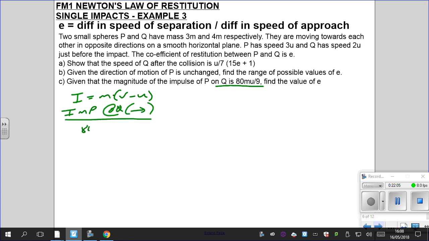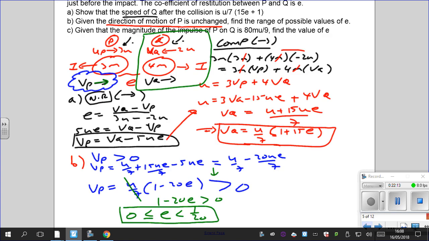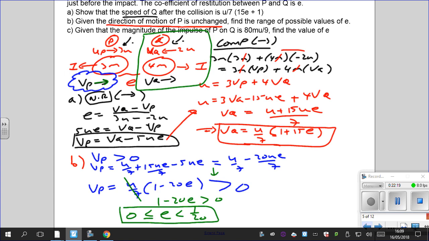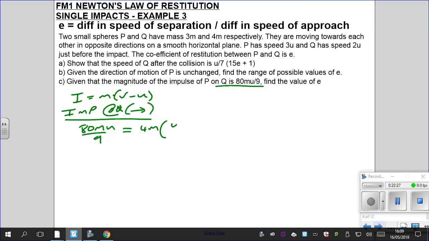So impulse is 8mU over 9. It doesn't matter if I do it at P or Q, that's going to be the same. The mass is 4m, so 4m. V is going to the right, which matches the direction of impulse, so that's positive. So that's VQ, U over 7 plus 15UE over 7.